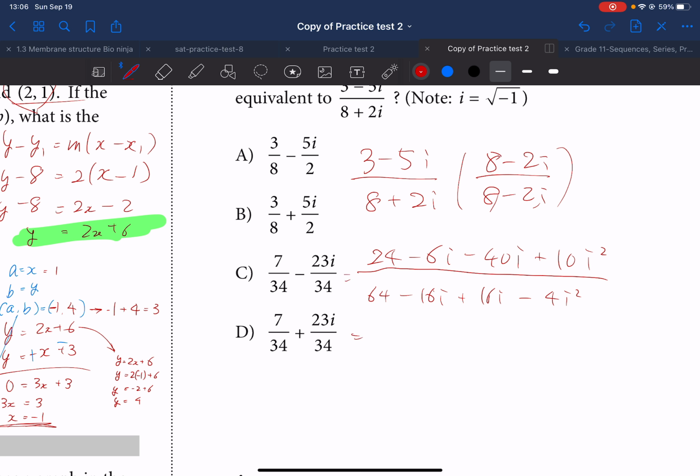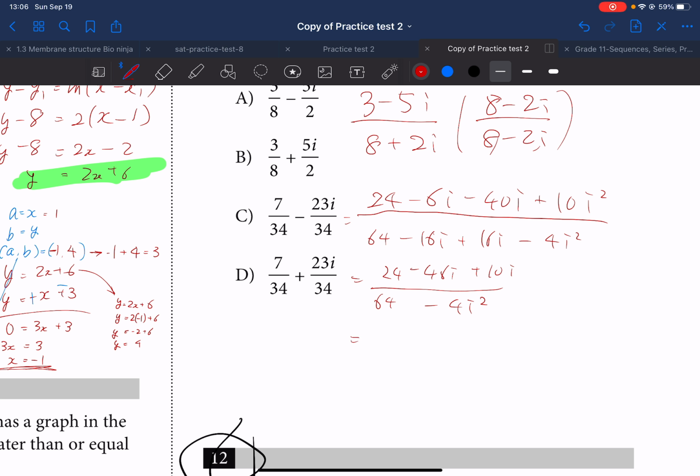Okay, so now 24, negative 46i, and then plus 10i squared. Right, bottom, 64, the i terms cancel to 0, so negative 4i squared. Good.